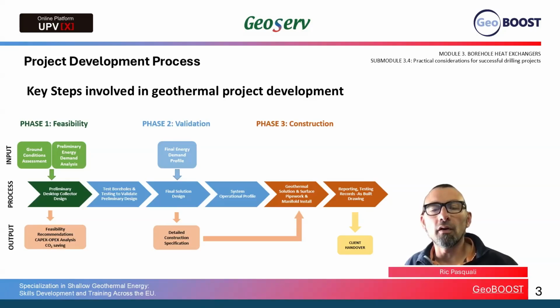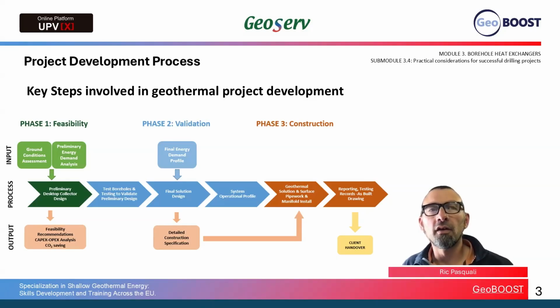We also spend quite a bit of time working on the final energy demand requirements of the project and ensuring that the geothermal solution is adequately designed to those. But the key thing is the output of the validation phase is a set of detailed construction specifications for the geothermal solution, specifically in terms of the subsurface.